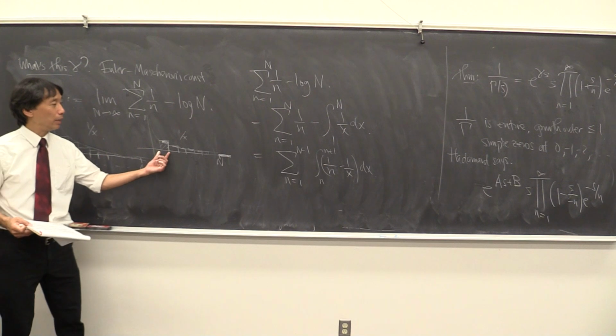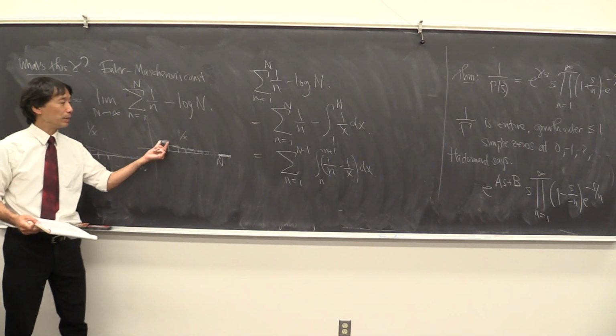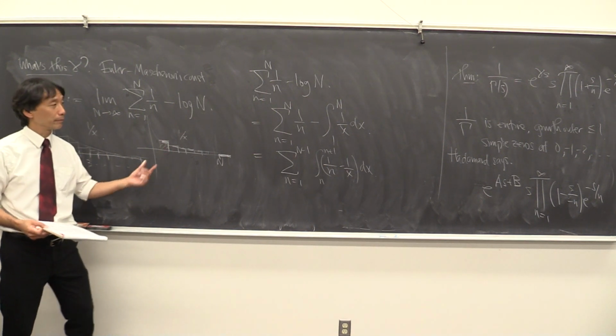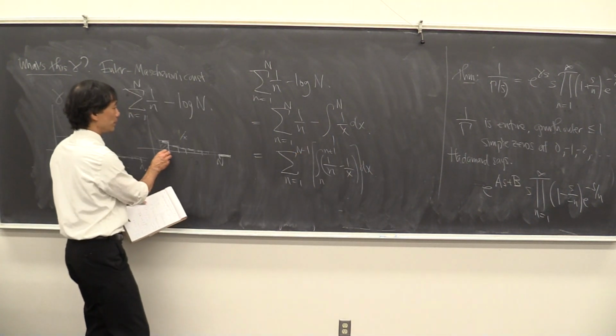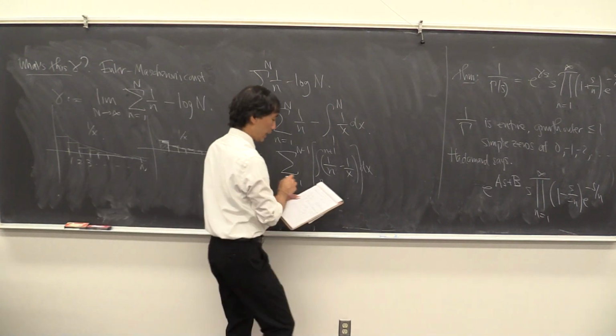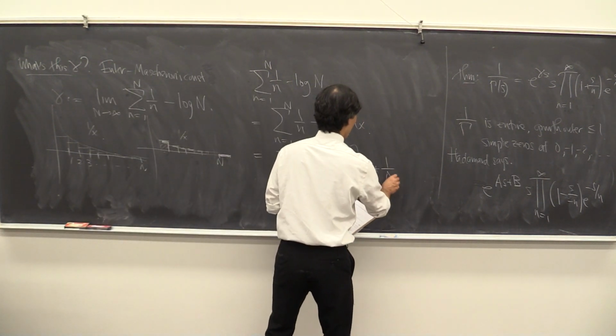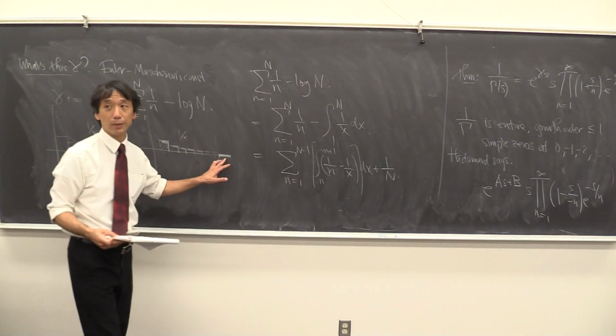Each of those gives you one of these little areas, but then at the end we need to add on the 1 over capital N, because there's that 1 over N at the end.